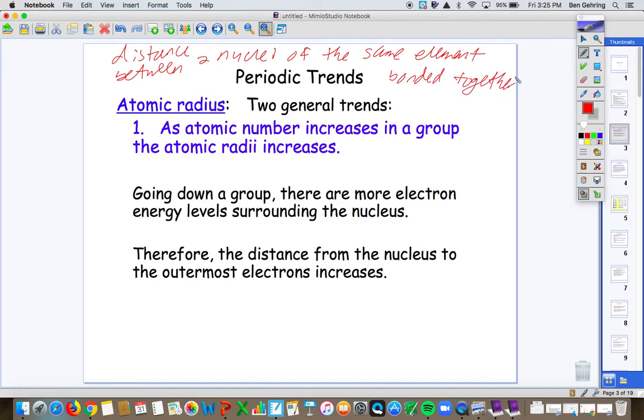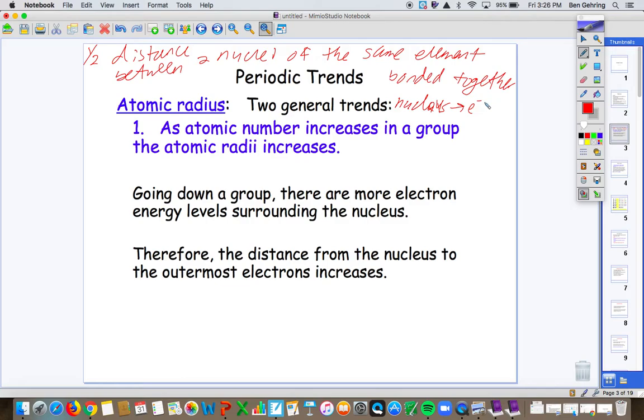So I guess it's half the distance, because the radius is only half the diameter, which would be the whole. So half the distance between two nuclei of the same element bonded together, essentially from the nucleus to the outermost electron. Nucleus to electron. Okay, that's your atomic radius.